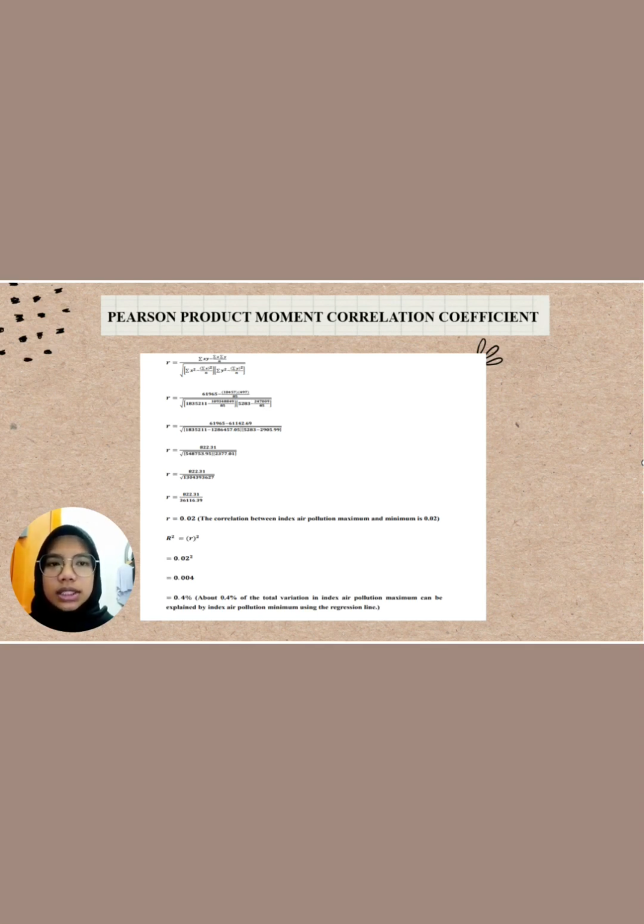R is the correlation coefficient, n is the number of observations, sum of the product of X and Y, sum of squares of the values of variable X, and the square of the sum of all values of variable X. The answer we get for R is 0.4. About 0.4% of the total variation in the index air pollution maximum can be explained by the index air pollution minimum using the regression line.